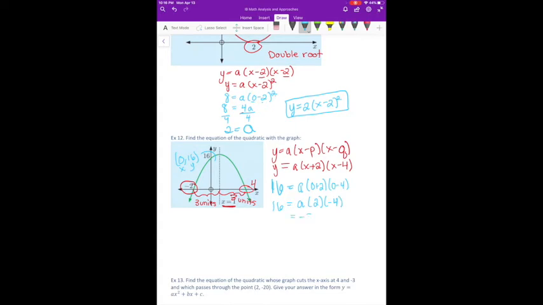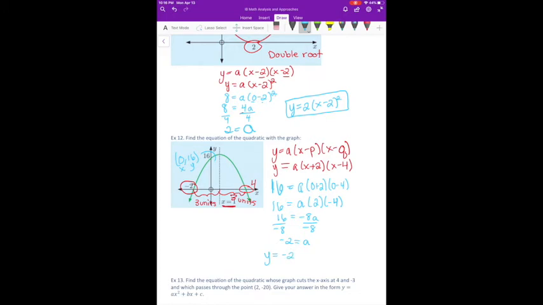Okay, so 2 times negative 4 is negative 8. A equals 16 divided by negative 8. A equals negative 2.